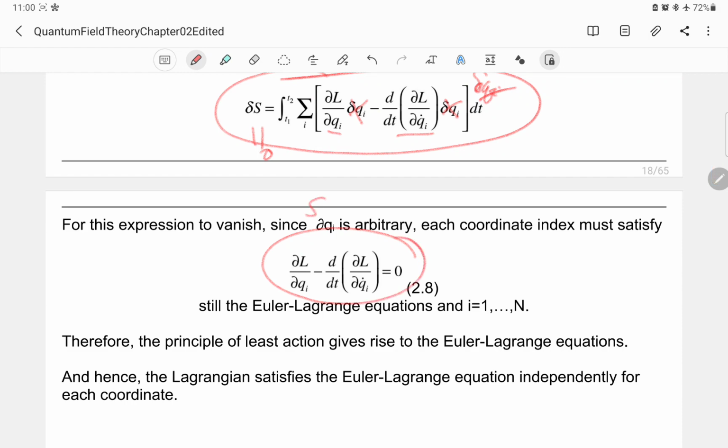Again, I'm sorry for that. So therefore, the principle of least action gives rise to the Euler-Lagrange equation.